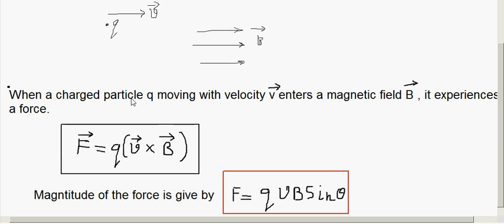When a charged particle q moving with velocity v enters a magnetic field B, it experiences a force whose magnitude is qvB sin theta.